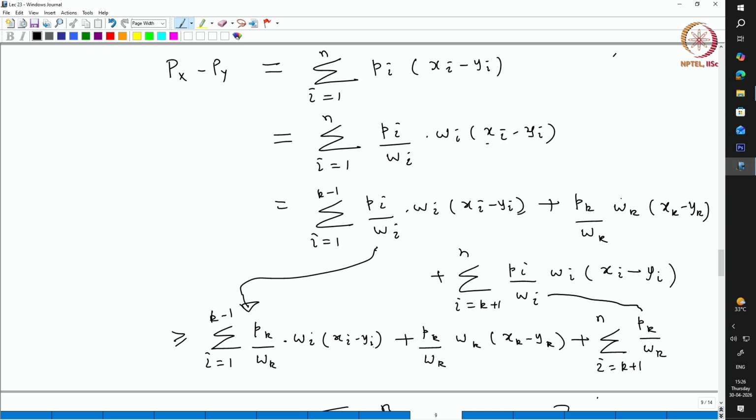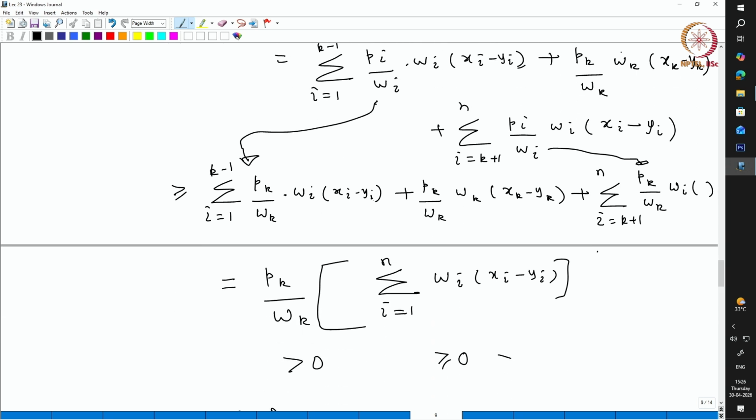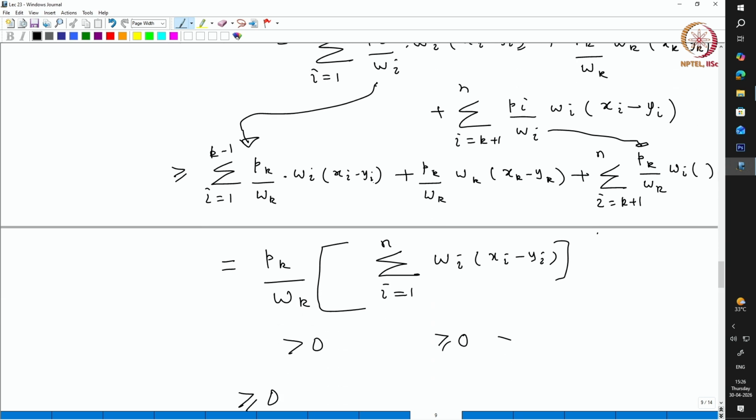Here also I am replacing Pi by Wi by Pk by Wk, is greater than or equal to this. Now, I can take it in the next page, as you can see, it is now coherent, it is the Pk by Wk sum and so on.